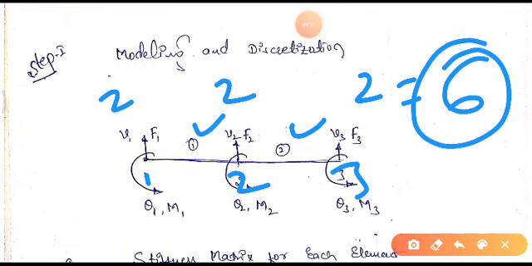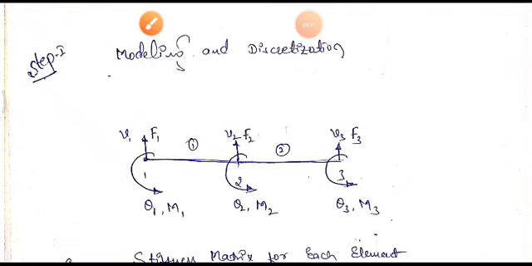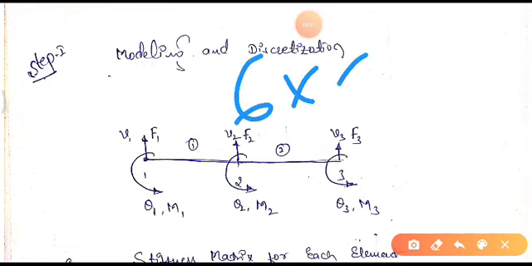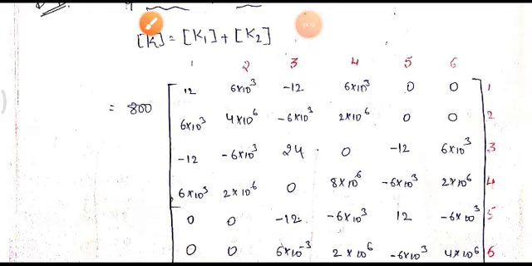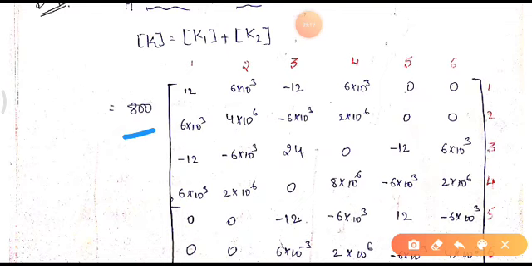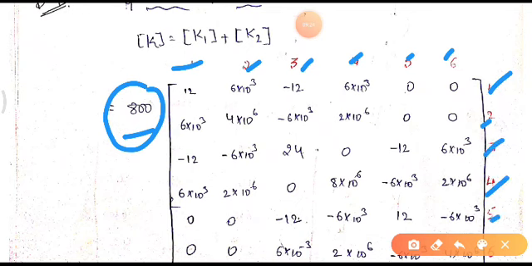In the sense, the global stiffness matrix should be a 6 by 6 matrix, so that's what we have here. 800 is common for both matrices, so we have taken 800 as common. Next we have 1 2 3 4 5 6, 1 2 3 4 5 6.